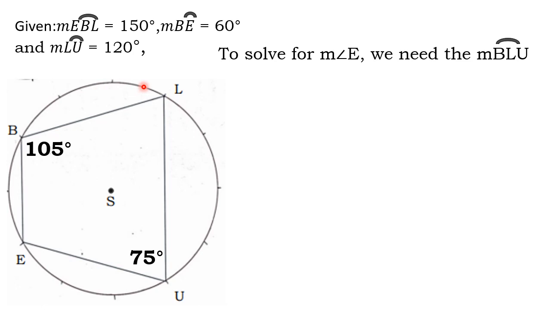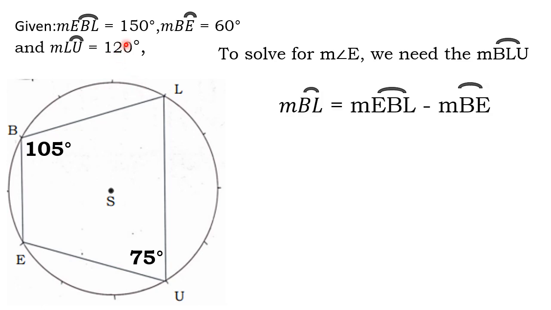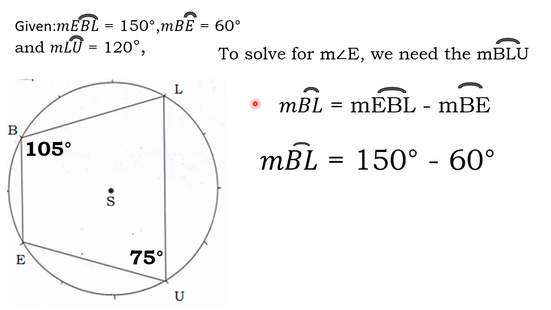Okay, arc BL. So since given is the measure of arc EBL, which is 150 degrees, we can determine the measurement of arc BL by subtracting the measure of arc BE from arc EBL. So given arc EBL is 150 degrees and arc BE is 60, that is equal to 90 degrees. So therefore, the measure of arc BL is 90 degrees.